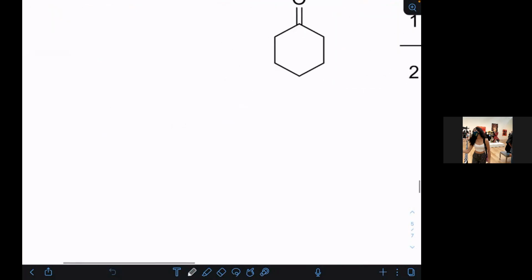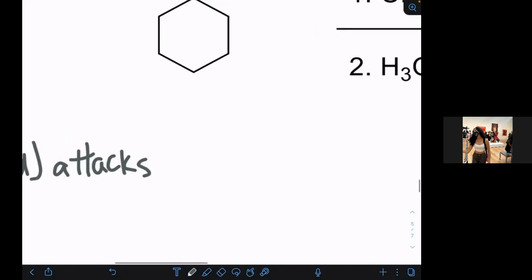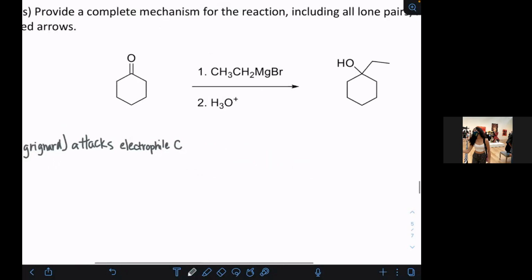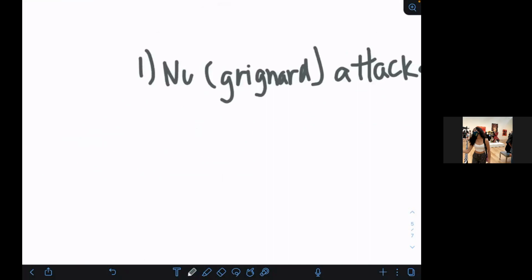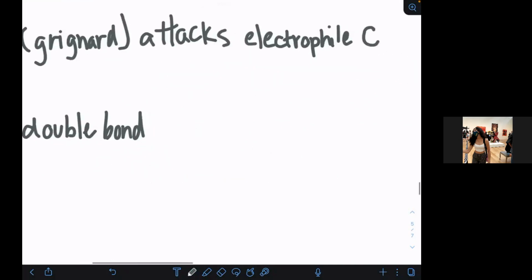Okay. So the steps for it are: the nucleophile, which is the Grignard, attacks the electrophile, and then the double bond moves to a lone pair.